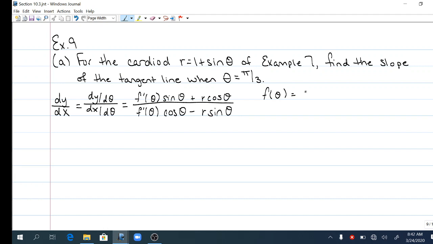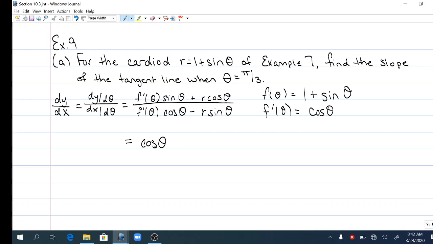So f of theta is equal to 1 plus sine theta, which means that f prime of theta is equal to the derivative of 1 plus sine theta, which is cosine theta. So let's replace f prime of theta and r throughout our equation. So f prime of theta becomes cosine theta.